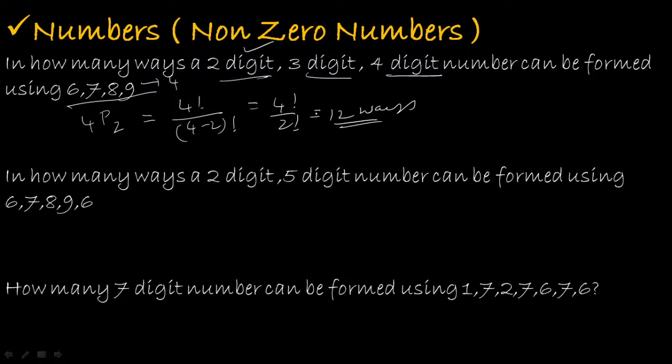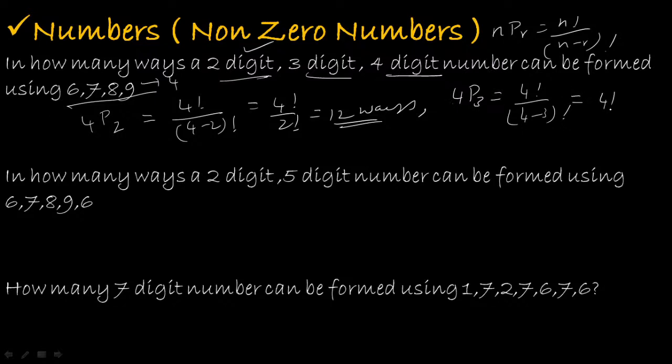It is as we do in case of words too, the same process here. If it is 4P3, it means 4 factorial over (4 minus 3) factorial. By making use of the formula you know already, nPr is equal to n factorial over (n minus r) factorial. Taking n as 4 and r as 3, simplifying this you get 4 factorial, that is 24 ways.